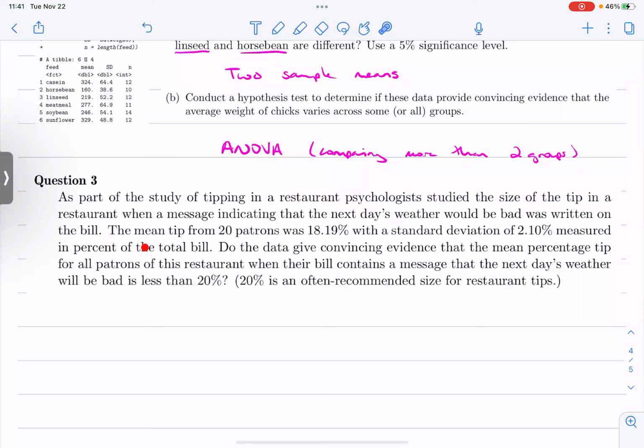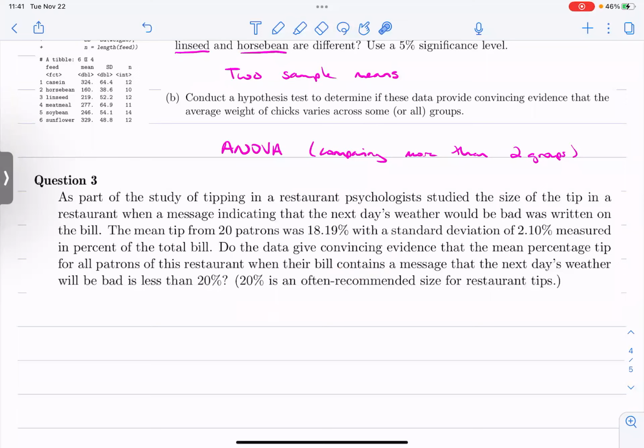So you can see how there are different questions that we could build up from all these. The mean tip from 20 patrons was 18.19% with a standard deviation of 2.1%, measured in percent of the total bill. Do the data give convincing evidence that the mean percentage tip for all patrons of this restaurant, when their bill contains a message that the next day's weather will be bad, is less than 20%?